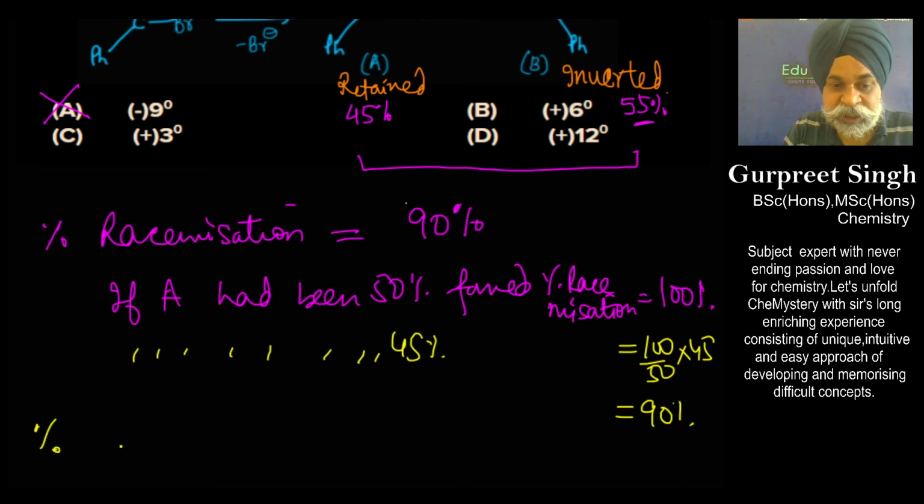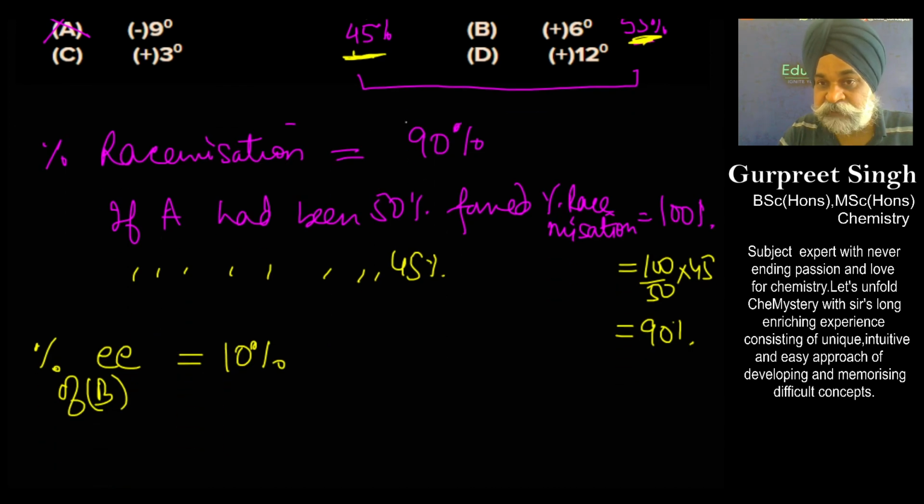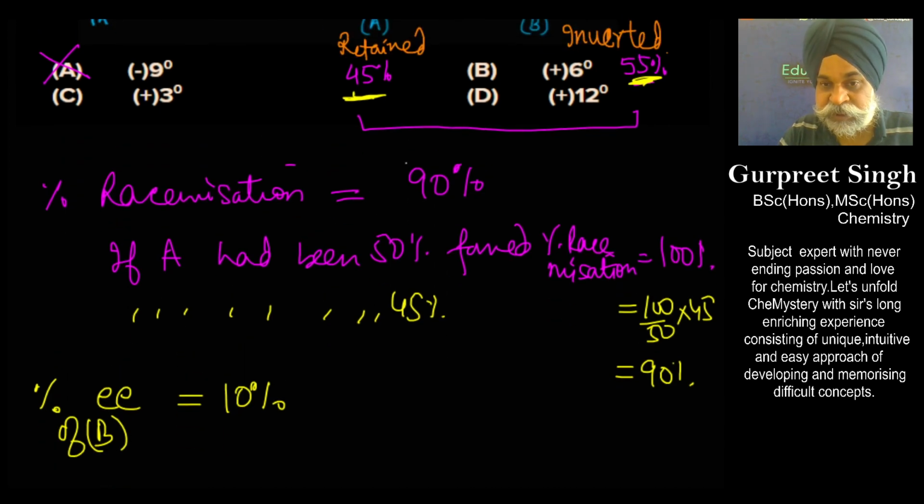And if I say percentage enantiomeric excess, obviously it would be 45 of this racemized with 45. That means the 10% enantiomeric excess is there because of B, that is, of the inverted one. Obviously the one formed in excess, because 45 got racemized, this 10% is in excess.